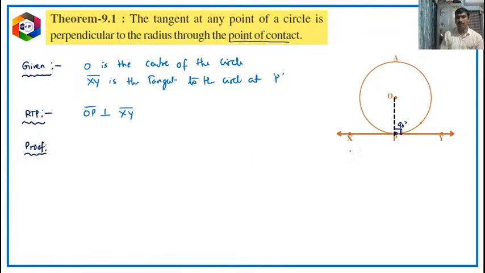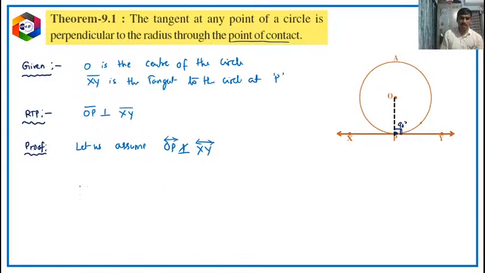Yes. Now let us assume that OP is not perpendicular to XY. This is called the indirect method of proof. Observe carefully, there is a small logic. Actually OP is perpendicular to XY and we have to prove it, but we are assuming OP is not perpendicular to XY.